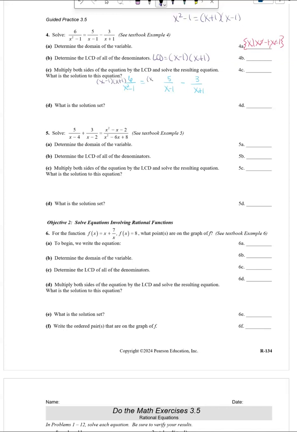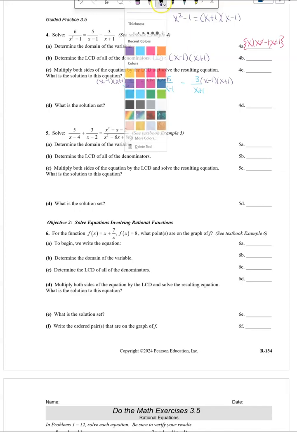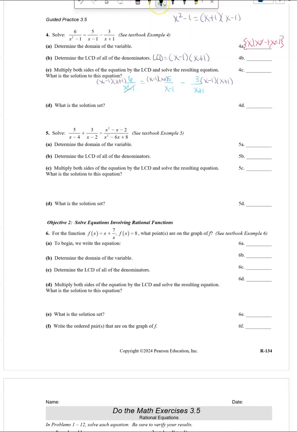This side by x minus 1, x plus 1. And then this side by x minus 1, x plus 1. Now since this one factored is these factors, we can just cancel that out. And then the x minus 1 cancels, and the x plus 1 cancels.